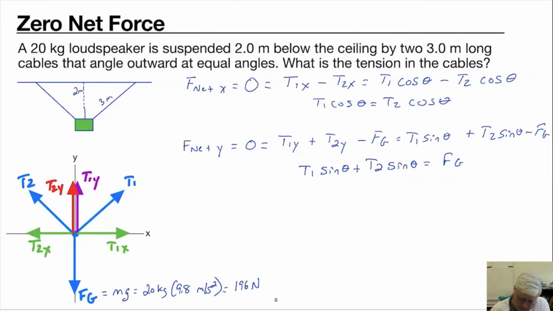Okay, I'll just do that in a different color here. T1 equals T2. So that might help us in some way if we keep that in mind. And that also means that our angle here and our angle here has to be the same.